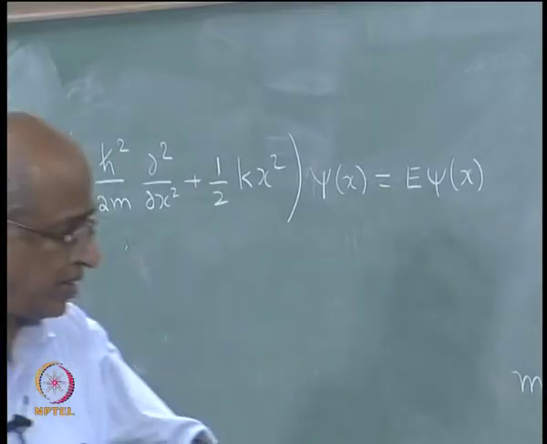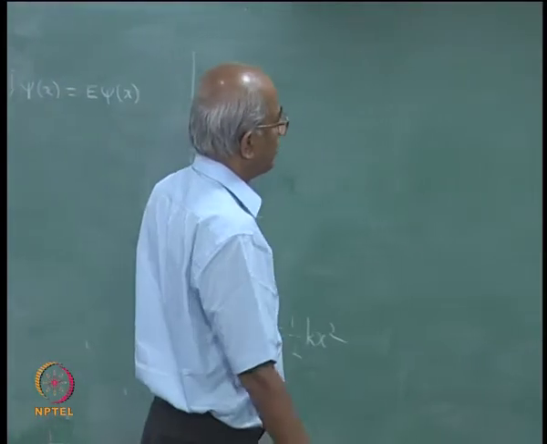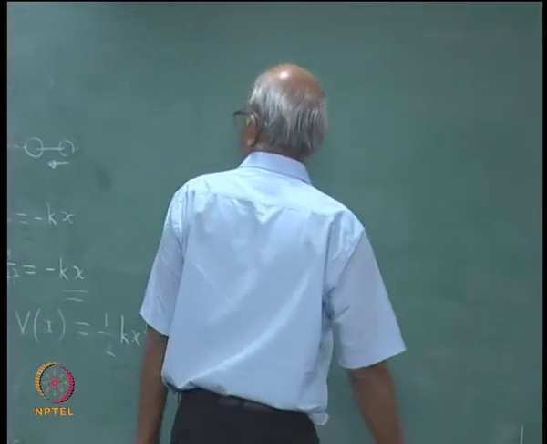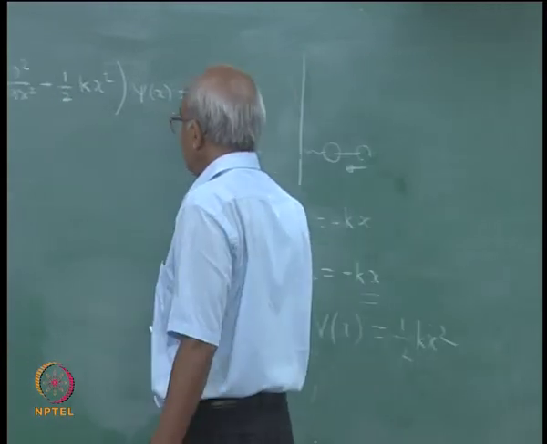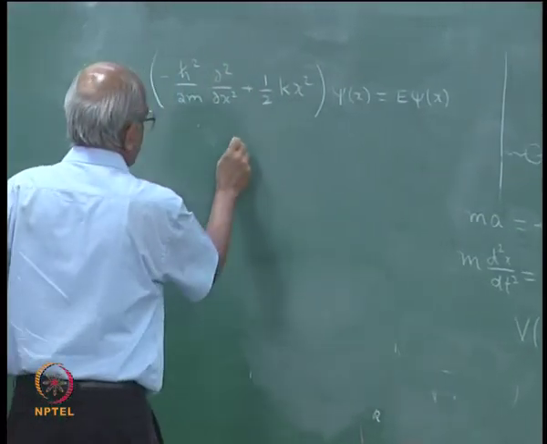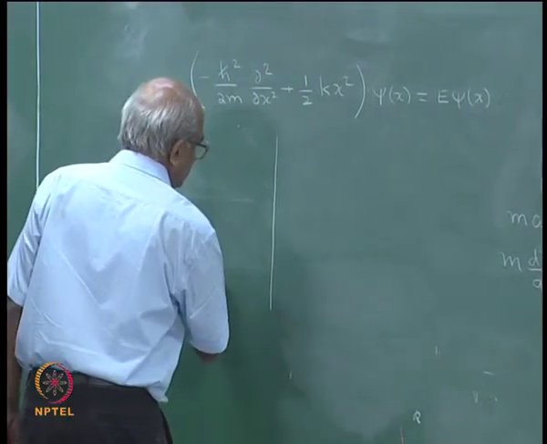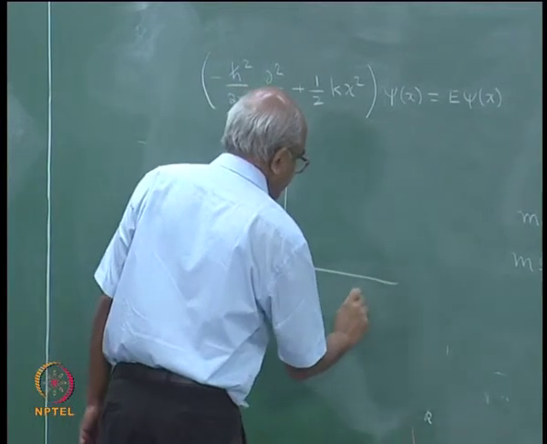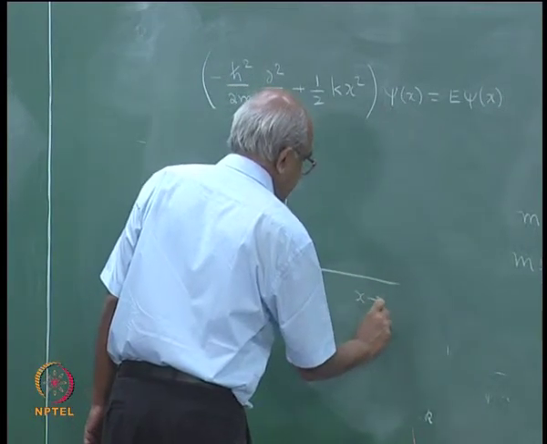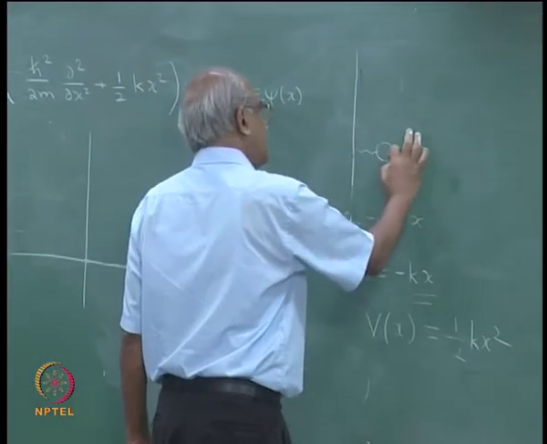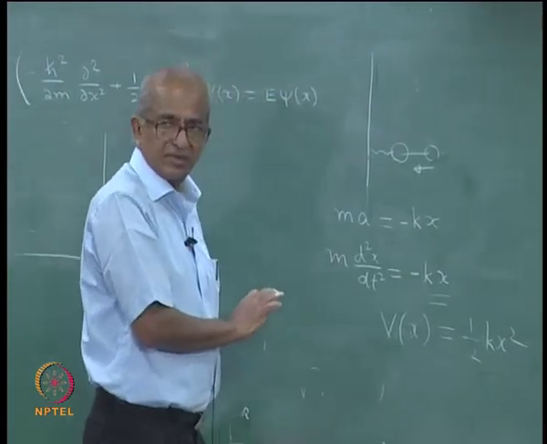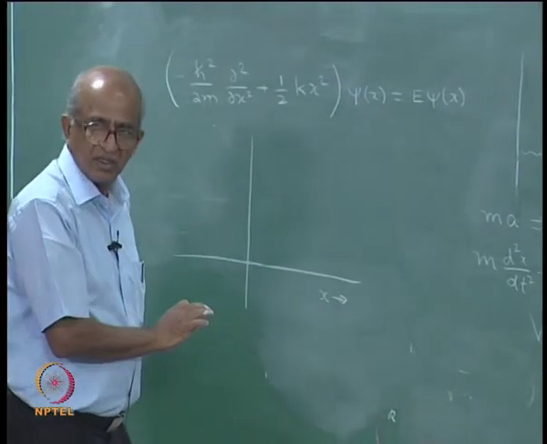Now, this potential energy I would like to represent in a figure. So, how will it look? Along the horizontal axis is the displacement from equilibrium position. The displacement can be in the positive direction or it can be in the negative direction, right.